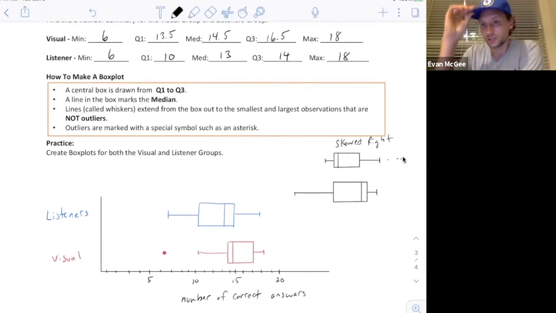Another sign of skewness is if you look at this IQR, which is the middle 50% here, there's more space on the right side. This median is to the left, which means it's going to be skewed to the right. So the location of the median helps determine if it's skewed. And then this box plot here is an example of one that is skewed to the left.